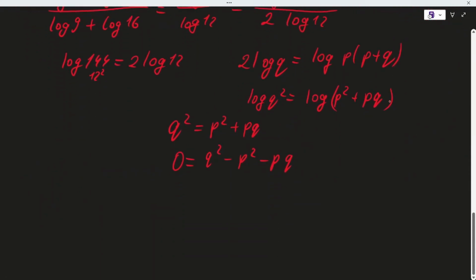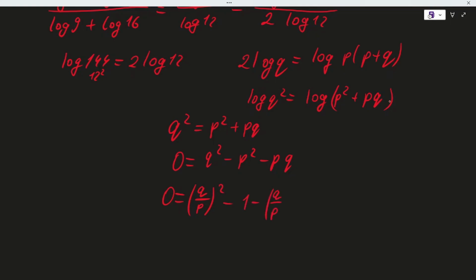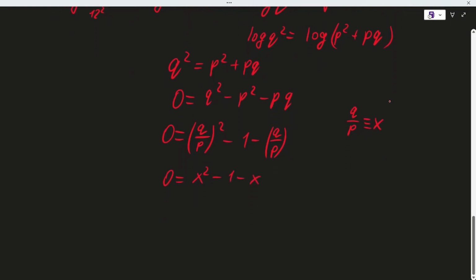And if we divide everything by P squared, we will get 0 equals Q over P squared minus 1 minus Q over P. And if we assign Q over P as x, we will get 0 equals x squared minus 1 minus x. And clearly this is a quadratic equation which can be easily solved.